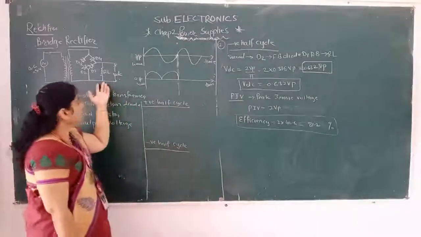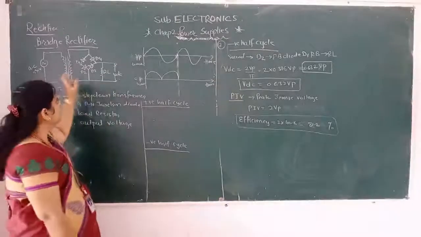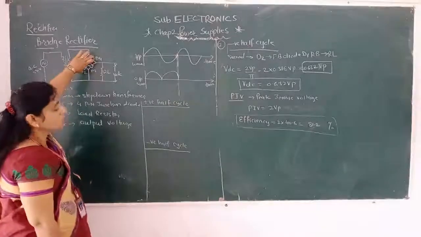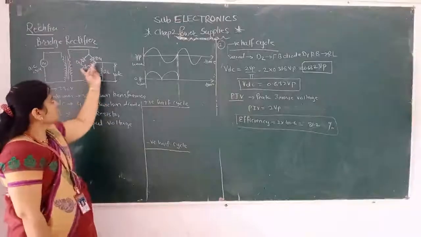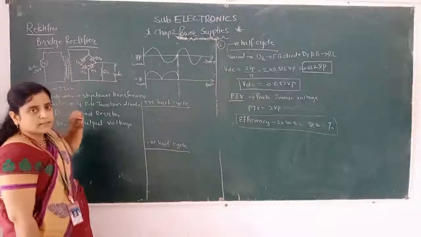So what will happen here? Exactly the same thing: these 2 diodes will be forward biased and these 2 diodes will be reverse biased. In the other half cycle, these 2 diodes will be forward biased and these 2 will be reverse biased.